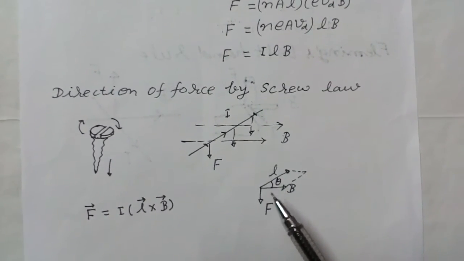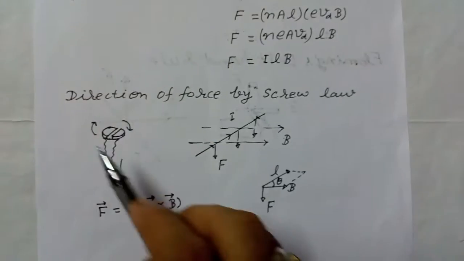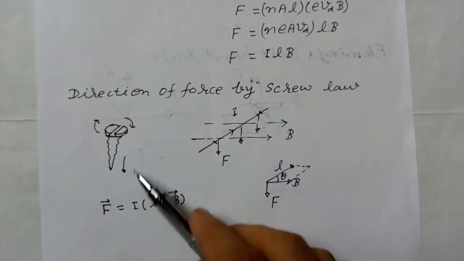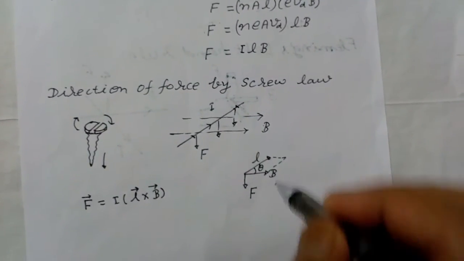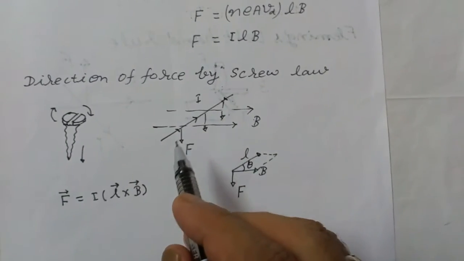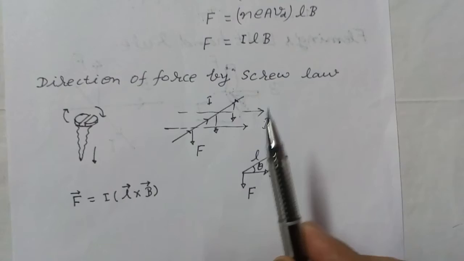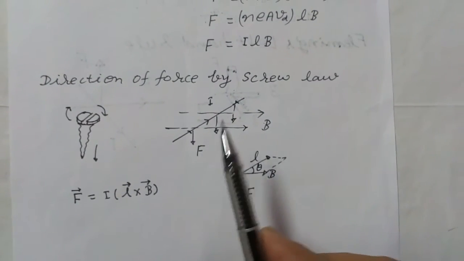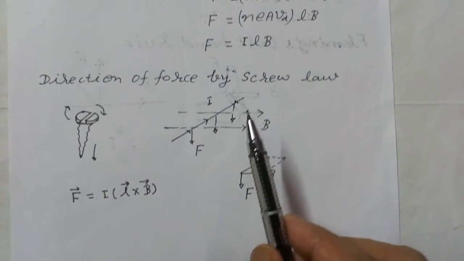So L cross B, when we rotate the screw clockwise like this, then it will move in this direction. So its direction is perpendicular to this plane and inward, so direction of this force will be inward. Now if direction of I or B changes, then direction of force will also change. तो इसको हमने राइट हैंड स्क्रू रूल के नियम से समझा.